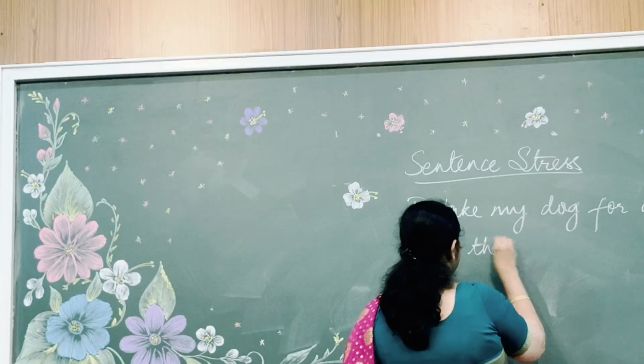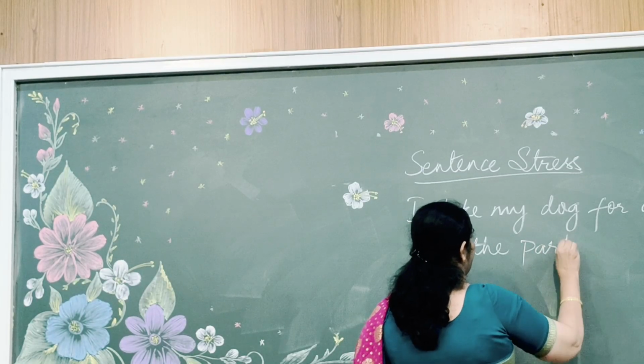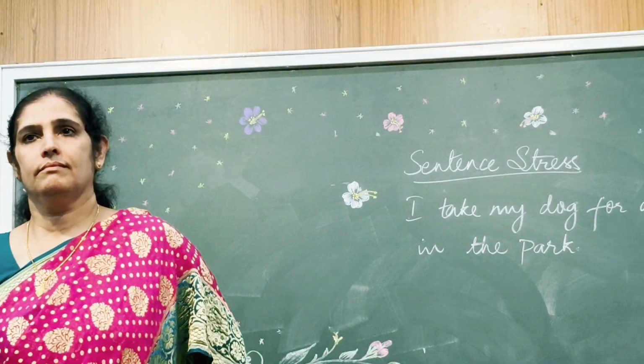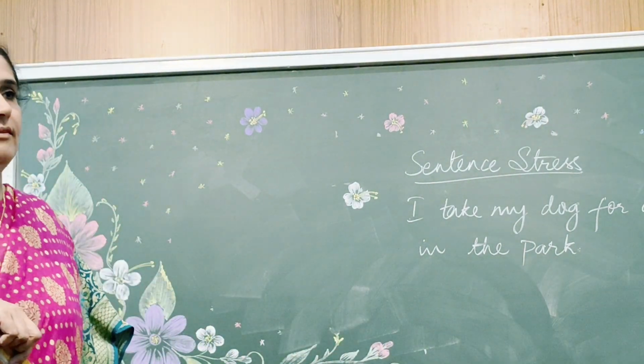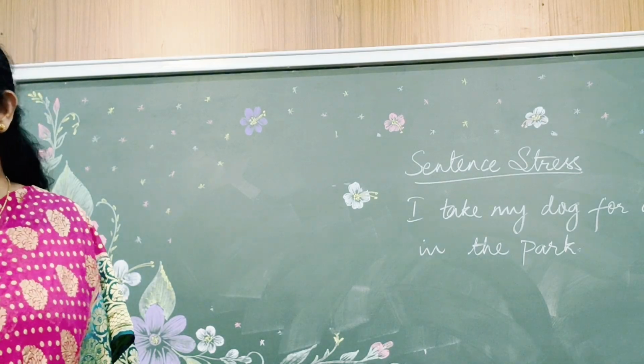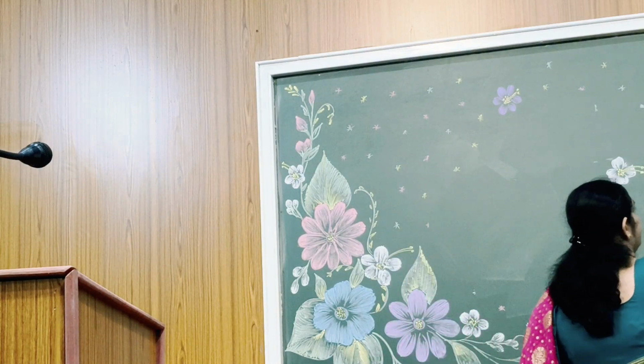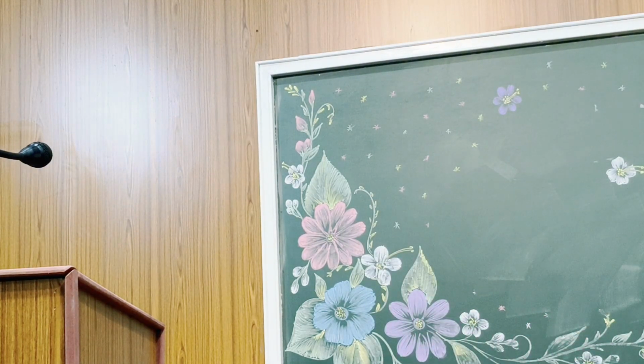Alright, now please write this sentence in your notebook: I take my dog for a walk in the park. Now, what are the content words and what words would you like to stress here? If you give this sentence to your students, how will they read?